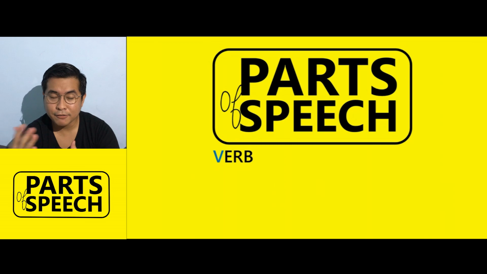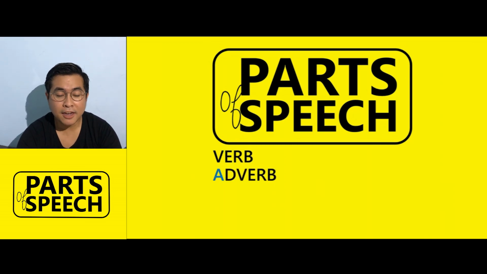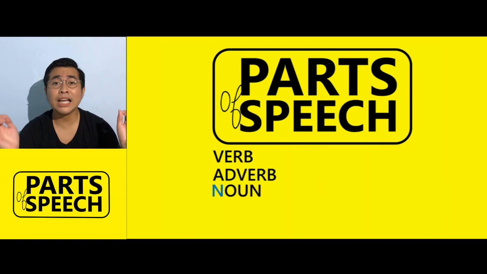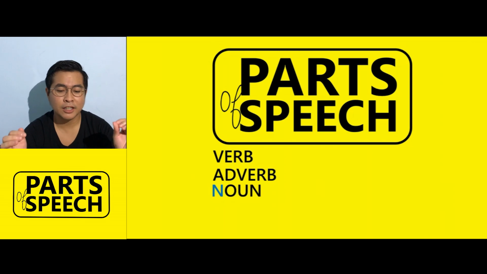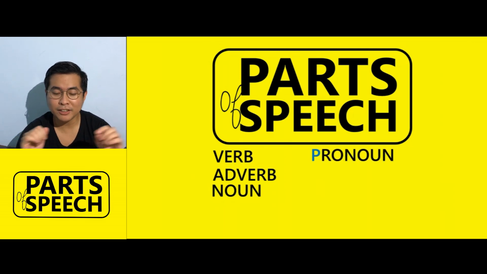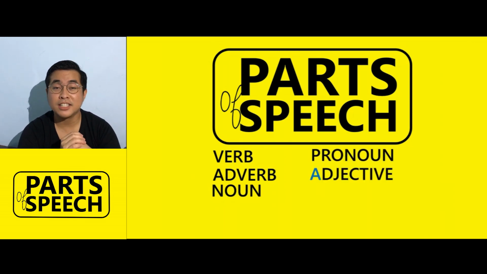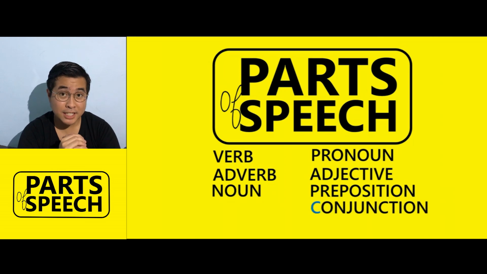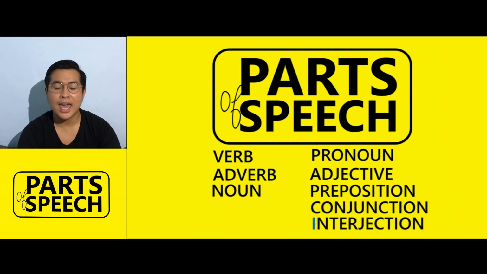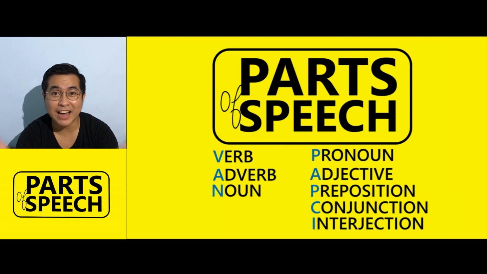Let's have V for verb, A for adverb, N for noun, P, the first one, for pronoun, then the second A is adjective, the second P is preposition, C, conjunction, and I, interjection. Thus, we have the Van PAPCI, your basic parts of speech.